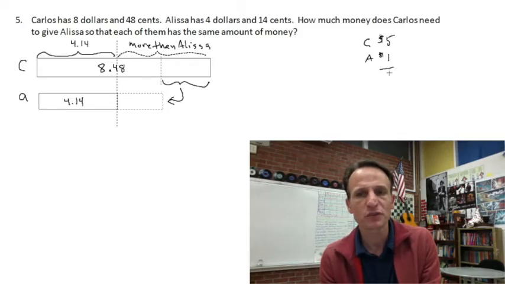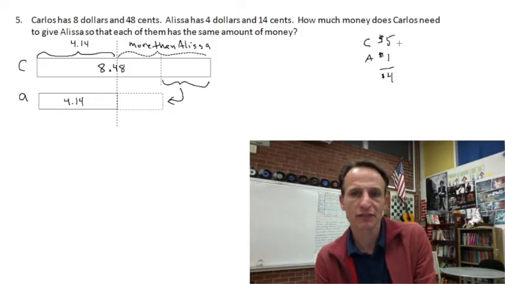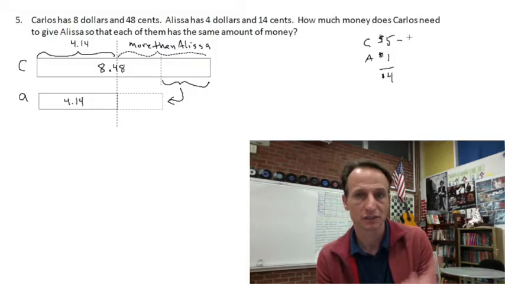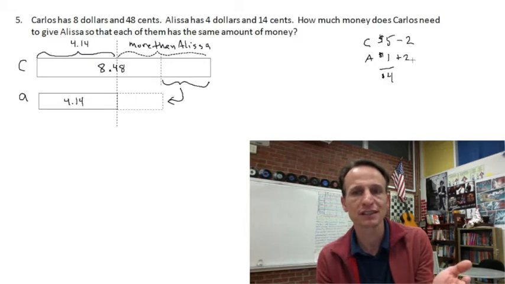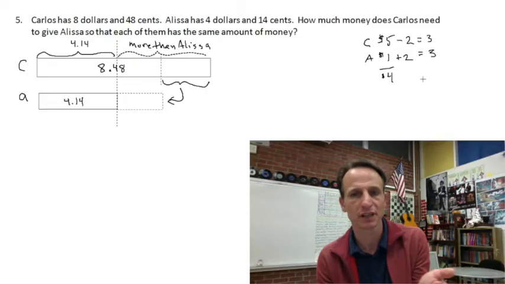Well, the difference between them is $4, right? So if Carlos subtracts $2, half of the 4, from his and gives it to Alyssa, notice Carlos will then have $3 and Alyssa will have $3.